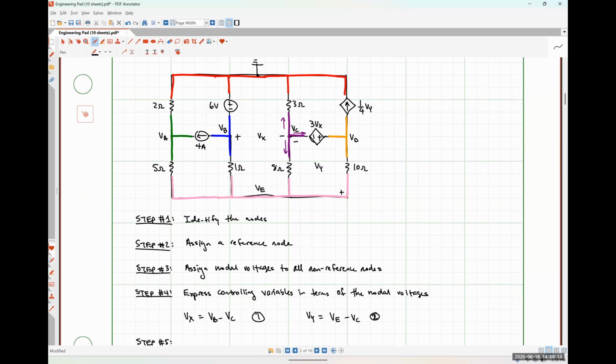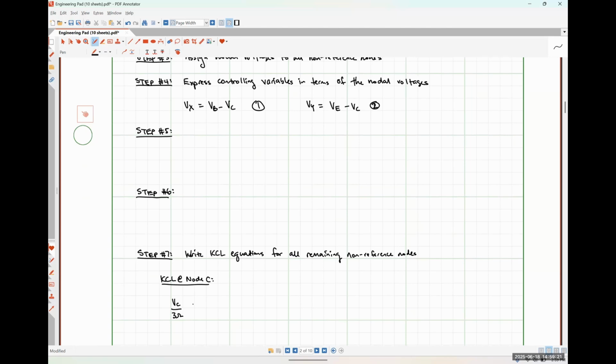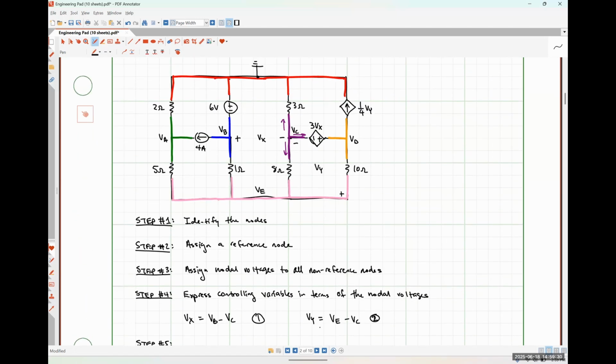And the current flowing down through the 8 ohm resistor is also well behaved. That's just going to be VC minus VE over 8 ohms. Now the current flowing to the right through that voltage source is a problem, okay?